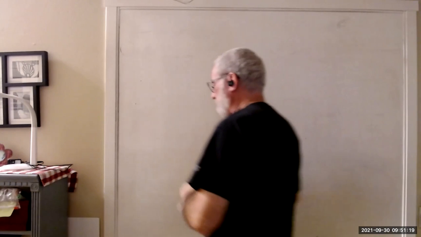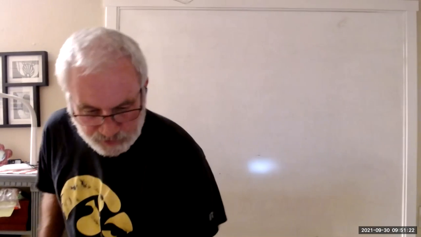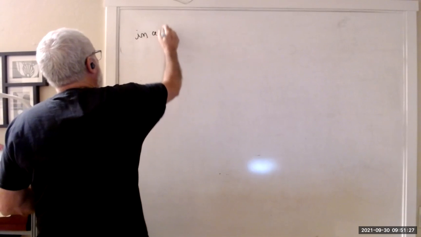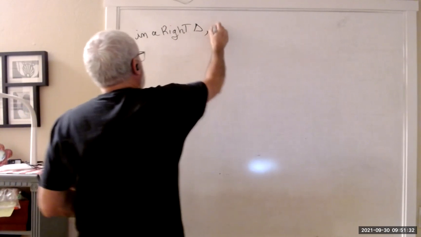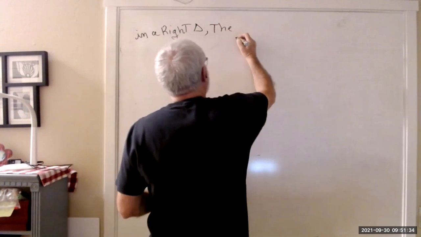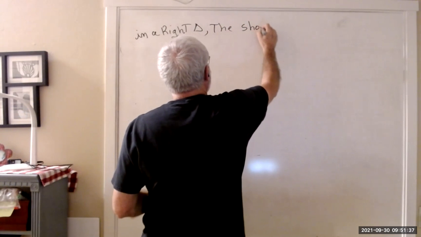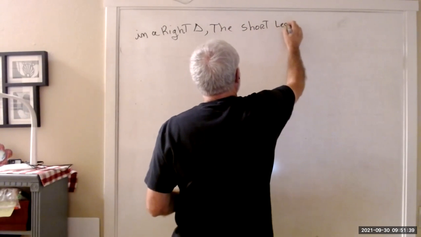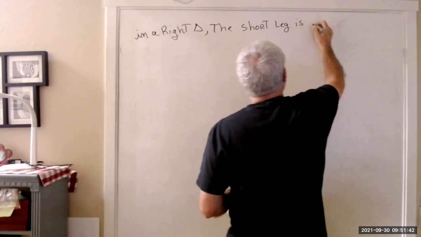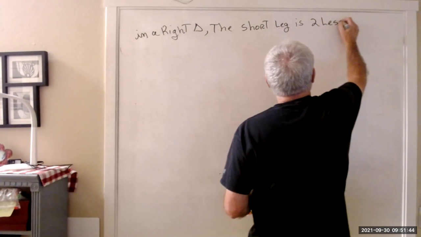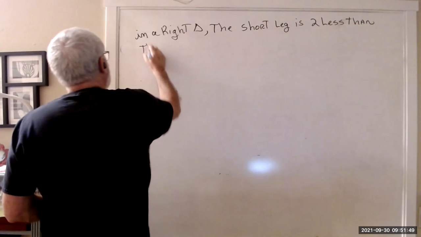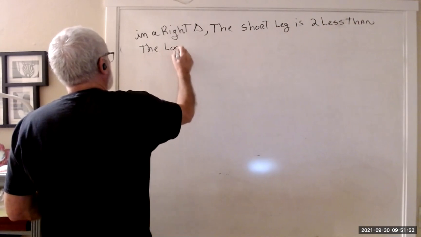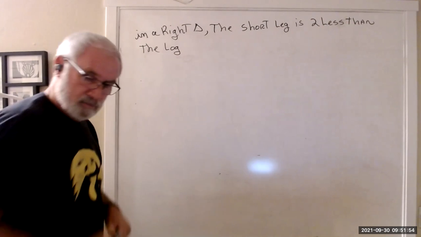And it said, I'm paraphrasing now, in a right triangle, the shorter leg is 2 less than the longer leg.